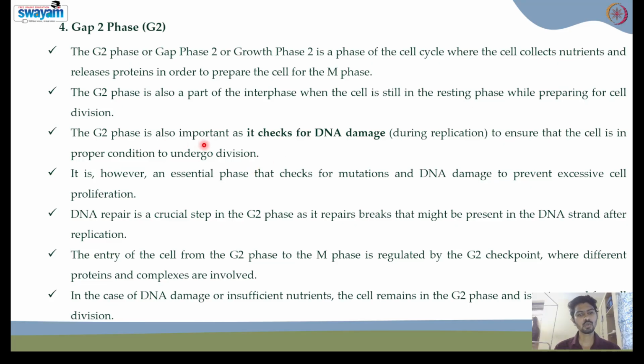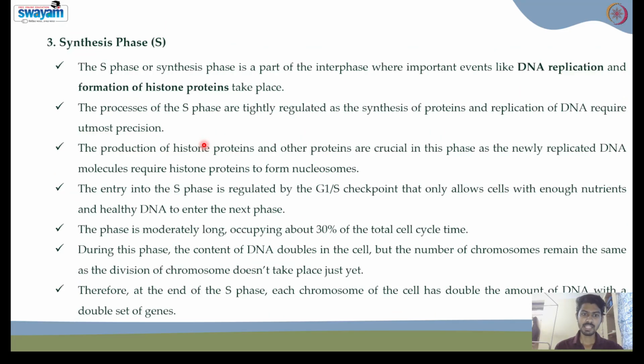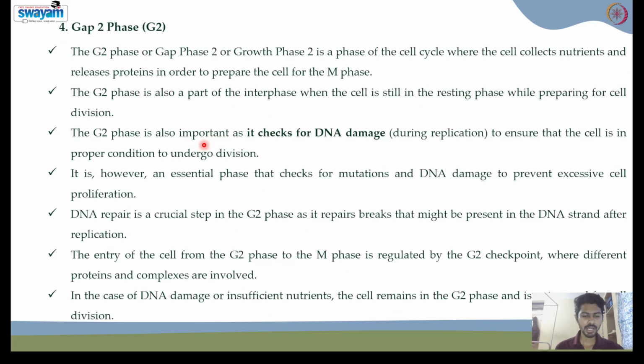And the G2 phase is also important. Why is it so? Since in S phase the DNA replication is already done, this G2 phase will check whether any damage occurred during the replication process, to ensure the cells are in proper condition.